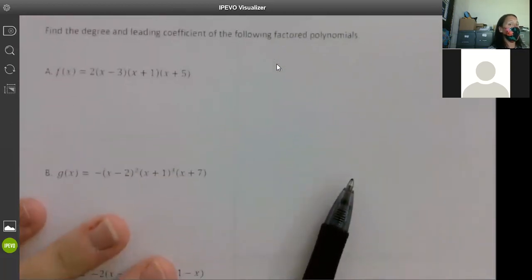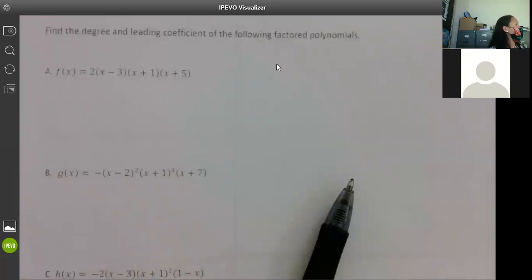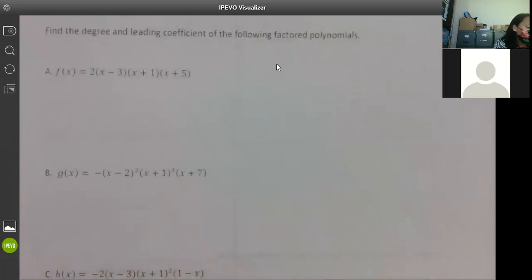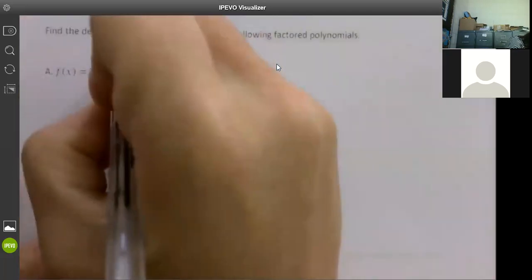So now what they're doing is they're just factoring it. So they're giving you a factored form, and you have to figure out what the degree is and the leading coefficient is from a factored form. It's very simple, just like it said. To find the degree, you're going to add up all the degrees. So we're going to start with this first. I'm going to split it up. I'm trying to do it with a different color so you guys can see. Into terms.